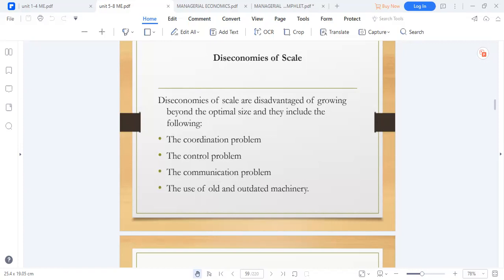These can really lead to firms experiencing higher costs than their competitors, which will give them comparative disadvantage instead of comparative advantage. So in some cases, firms will actually choose to decrease their production scale to avoid such, because there's no way we're increasing our production at the same time our costs are increasing.